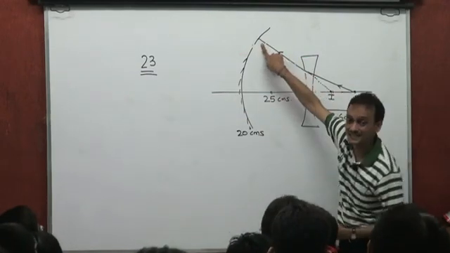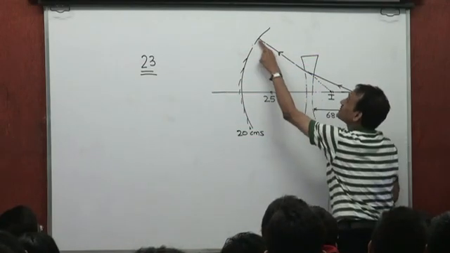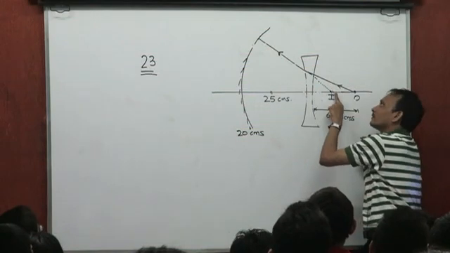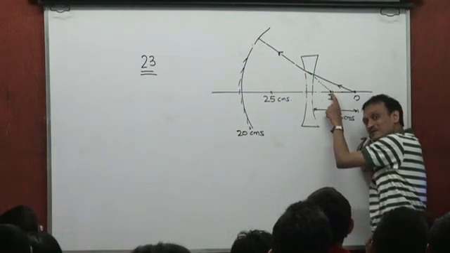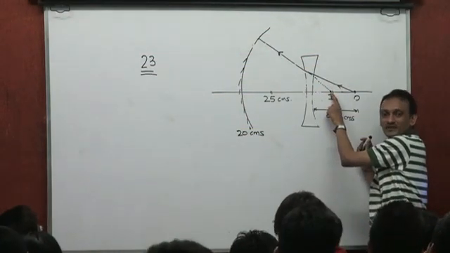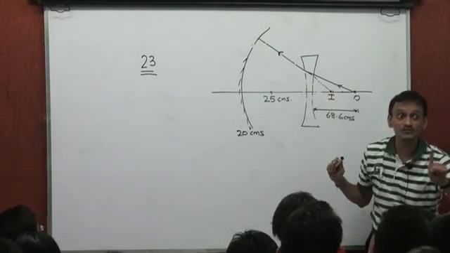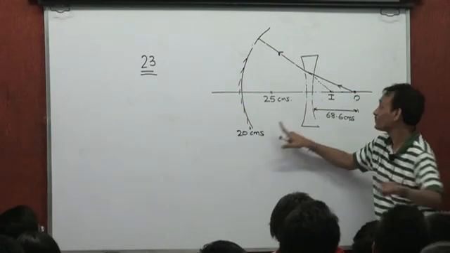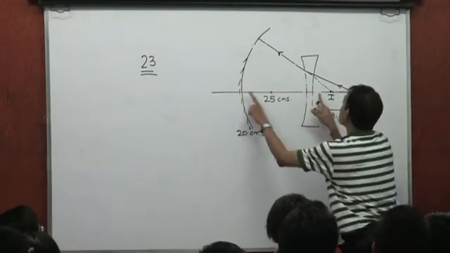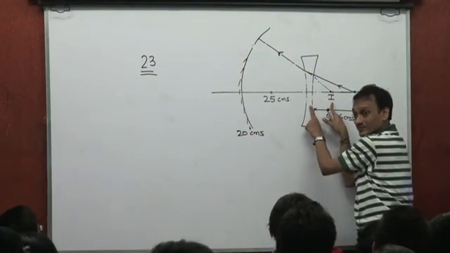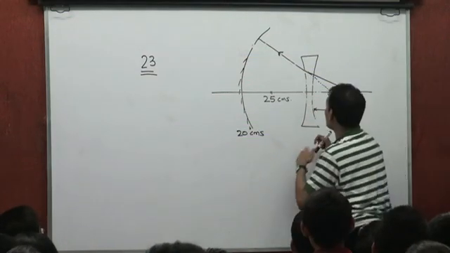When would this be a normal to the mirror? When produced, I must be the center of curvature of the mirror. The radius of curvature of the mirror is 40 centimeters. This is 25, so this must be 15 centimeters, yes or no?